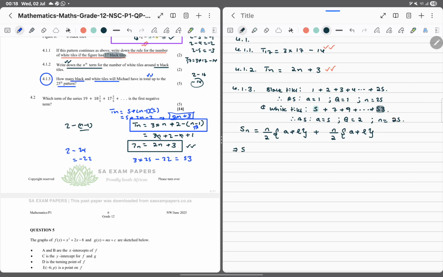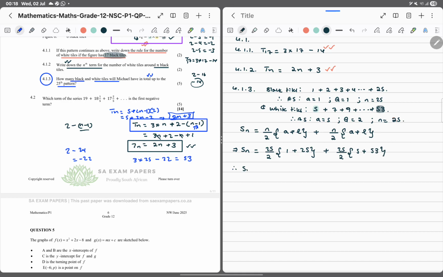Which implies that Sn is going to be, now the first one is 25 over 2 into 1 plus 25. Plus this is 25 as well over 2 into 5 plus 53.